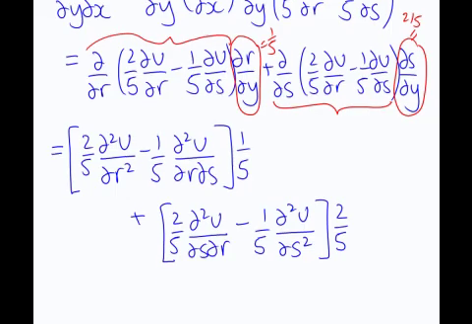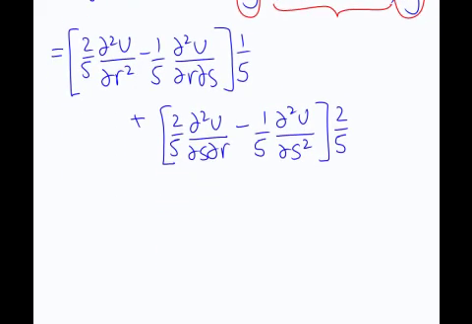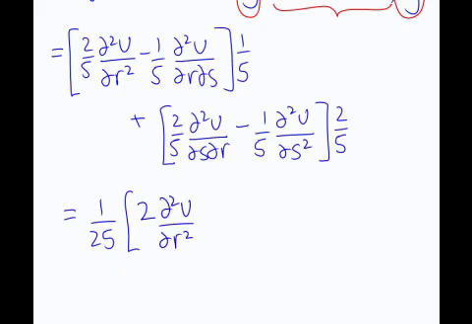Now I'm just going to tidy up this result in the final line. The first thing I can do is take out a 25th, because I have a fifth times a fifth everywhere, so I've got rid of those denominators. Then let's work through term by term. First of all, I've got 2 partial d2u by dr squared. Then I've got 2 of these mixed derivatives, one here and one here. By the mixed derivative theorem, I can assume that these are the same, that u is sufficiently well behaved that I can put these equal to each other.